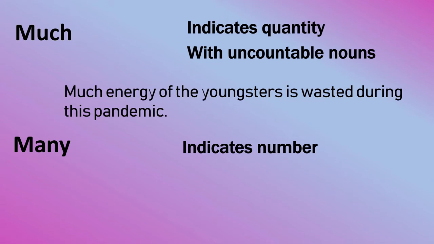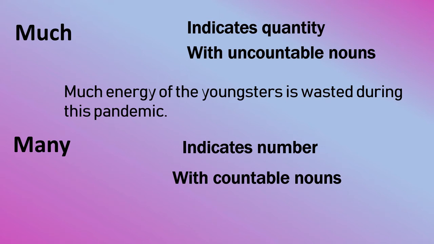Many, which is just opposite to much, indicates number. It does not indicate a quantity but indicates numbers and is used with countable nouns. Both much and many have different uses as determiners.